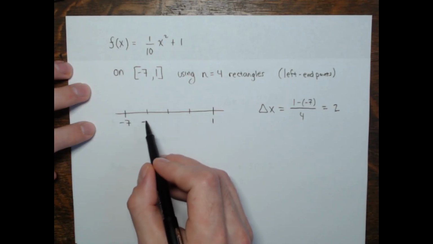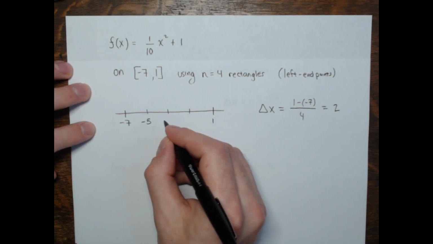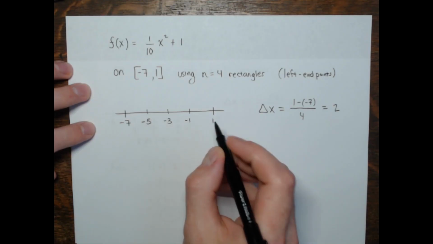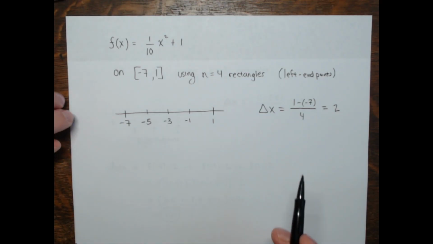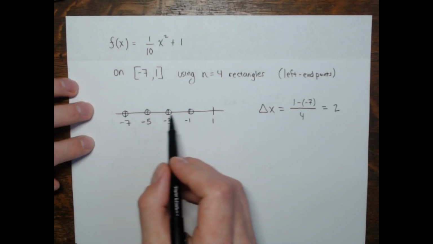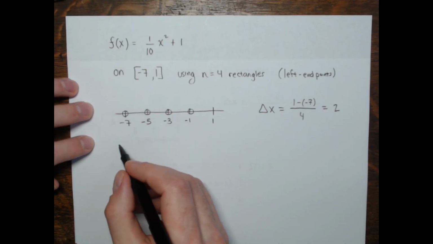So we're going to have 4 equal pieces here. The first piece goes from -7 to -5 for a width of 2. Then from -5 to -3, -3 to -1, and -1 to +1. But now I'm plugging in the left endpoints, so these 4 here, and then getting the heights, and adding up the rectangles.